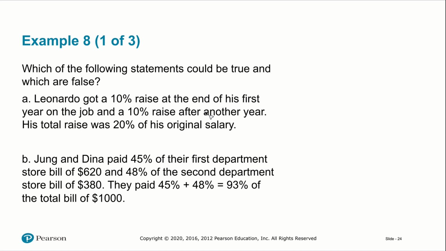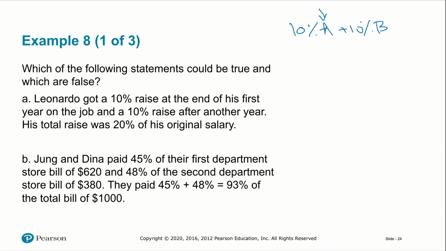So we're talking about 10% of some number A and 10% of some number B, right? A different number. So does it make sense to say this is just 20% of the original salary? No, the original salary would have been A, right?